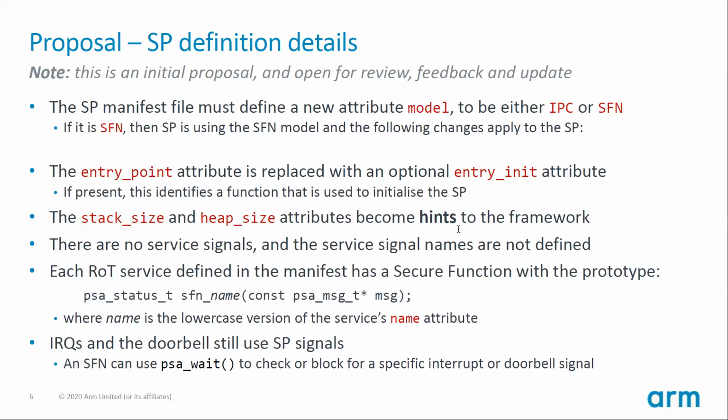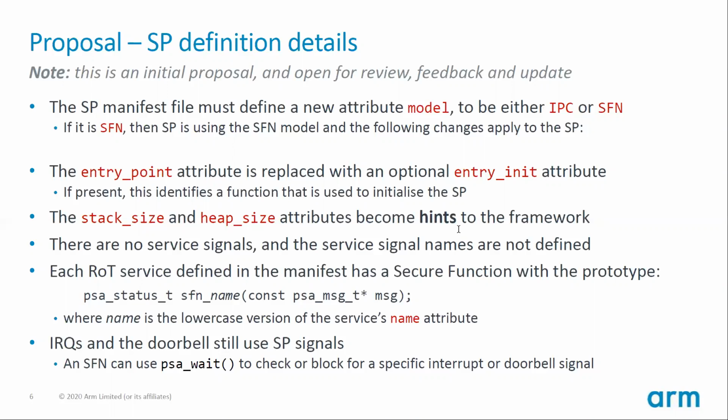So you define the PSA framework version in the manifest. If you define the version to be 1.1, then you have to also define the model attribute, and it will be either IPC, which gives you the current set of behaviors, or SFN. And if it's set to be SFN, then the following changes apply to the actual secure partition manifest.